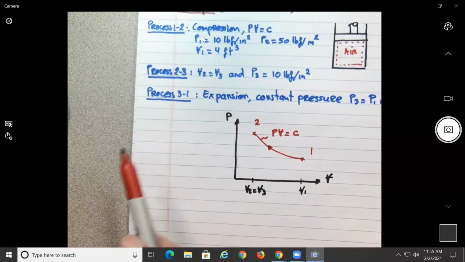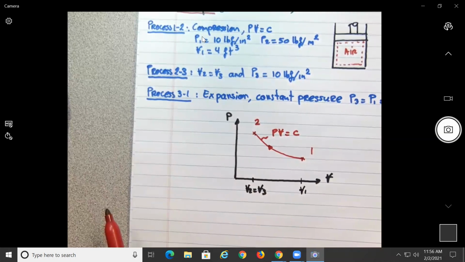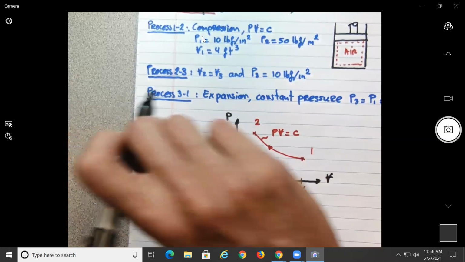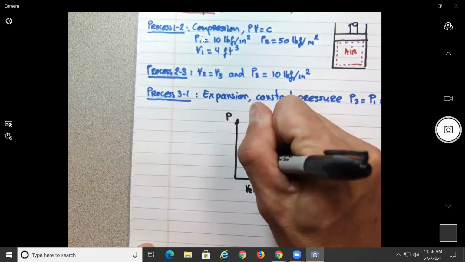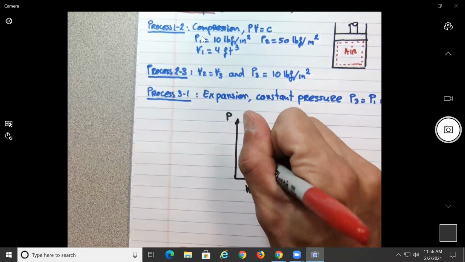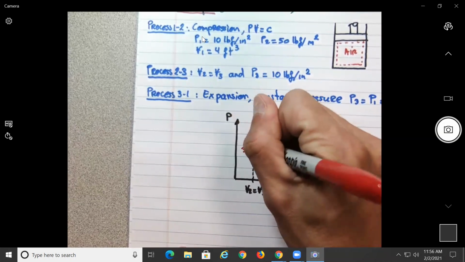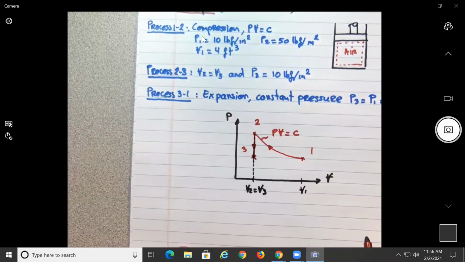Now, what do we know about the other process? 2-3 is constant volume, okay? So that means that it's going to be along this line here. And what do we know? P3 is equal to P1. So 3 should be here. So this is our second process.